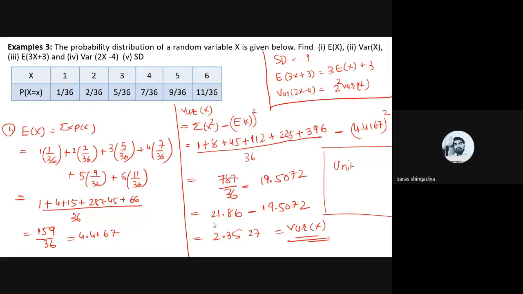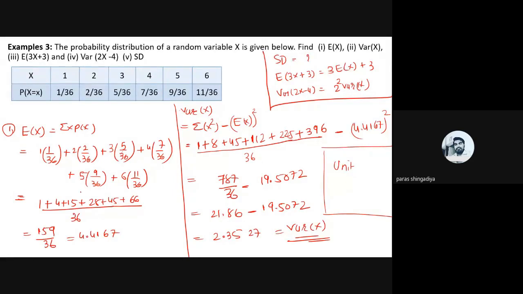So let's calculate E of X and variance of X, and the remaining part you just write. E of X is sigma X into P of X, that formula will work here. So 1 into 1 by 36, 2 into 3 by 36, up to 6 into 11 by 36. You can also write a decimal form answer here. You can convert each value to decimal form and add them all, and that is also your answer.